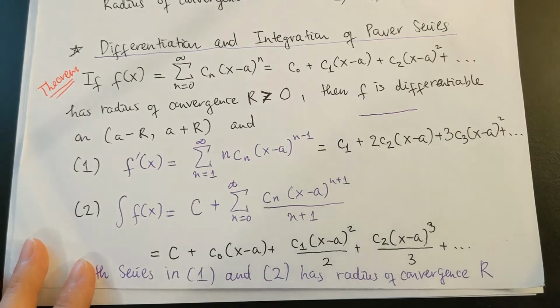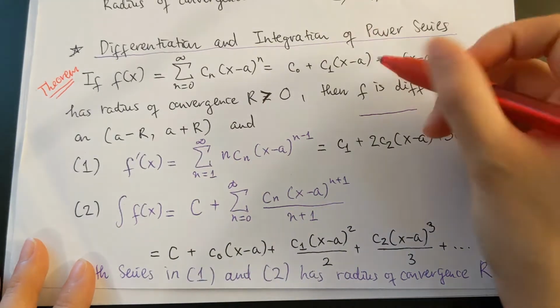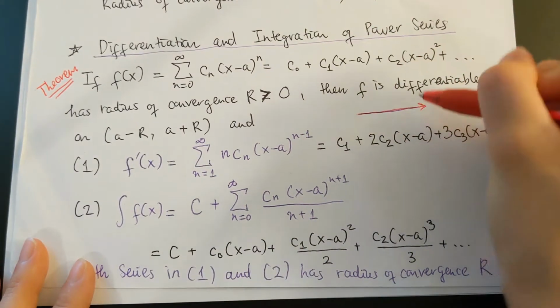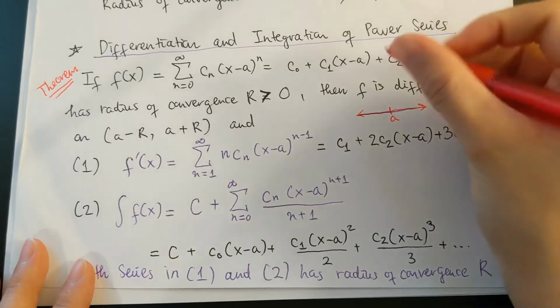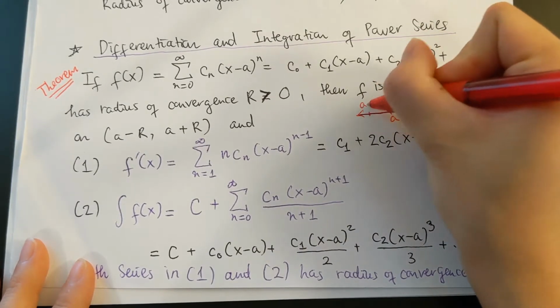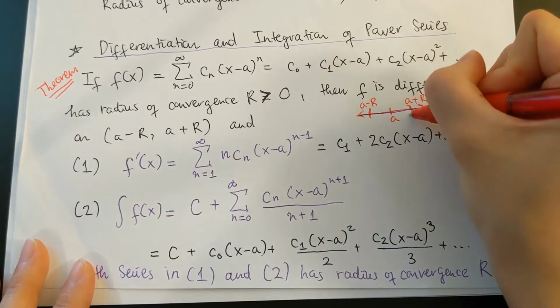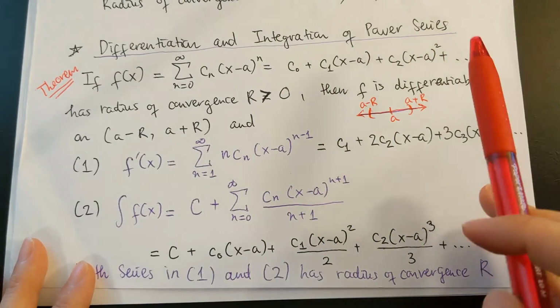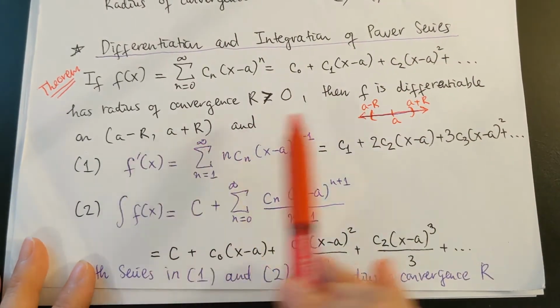If you remember the picture, this is a plus r, this is a minus r. Then the function is differentiable on the interval of convergence.